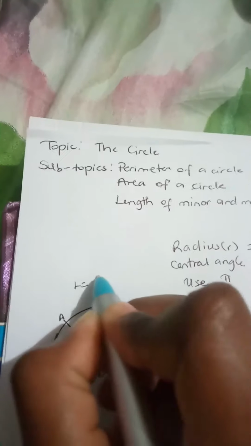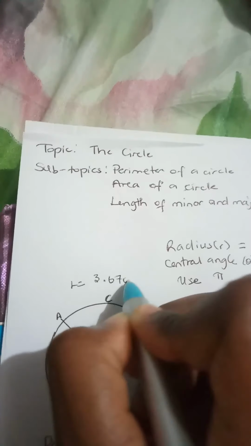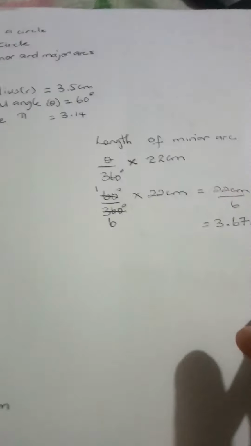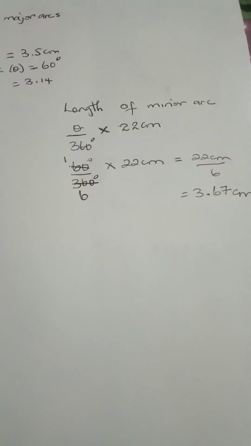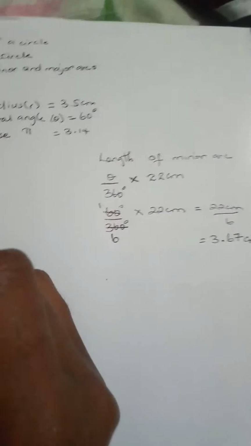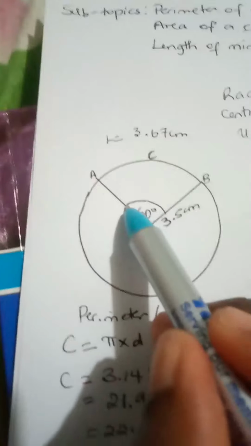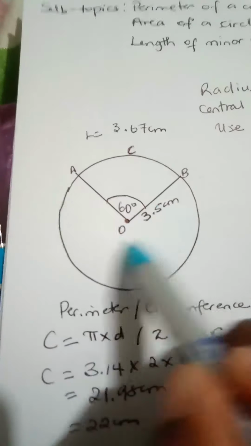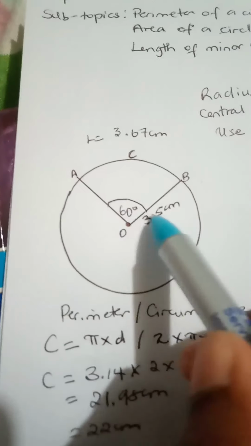All right, so the length of the minor arc would be 3.67 centimeters. Now, there are two ways we can find the length of the major arc. We can find the angle subtended at the center for the bigger portion of the circle.